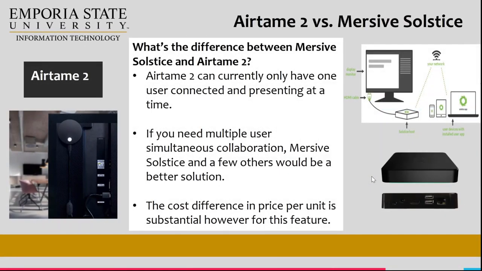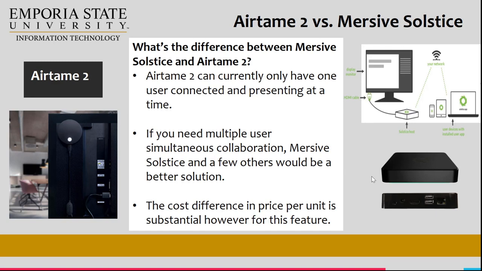Moving along here, you see another device that we use on our campus, which is the Mersive Solstice, and again the comparison we used with the Airtame 2. The primary difference between Mersive Solstice and Airtame 2 is that the Airtame 2 can currently only have one user connected and presenting at a time.